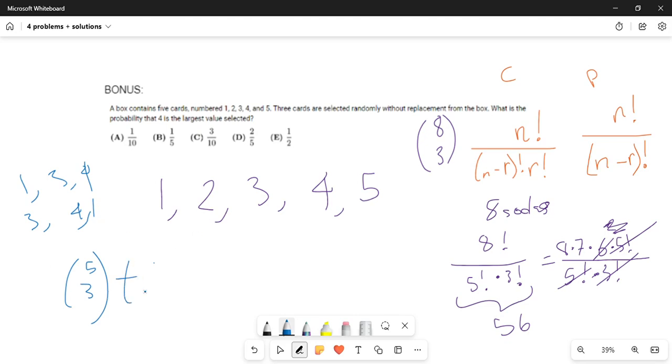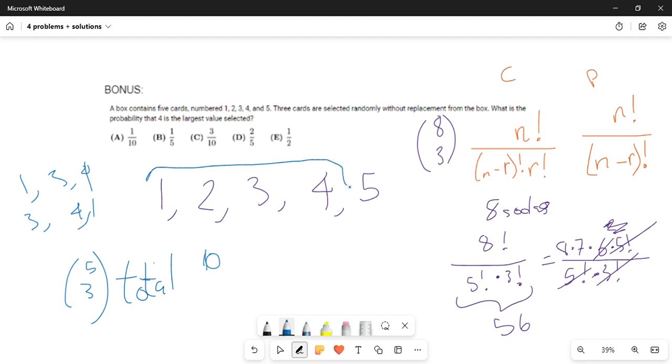So there's 5 choose 3 total ways, and 5 choose 3 is 10. Then 4 is the largest value selected, which means you can't choose 5.